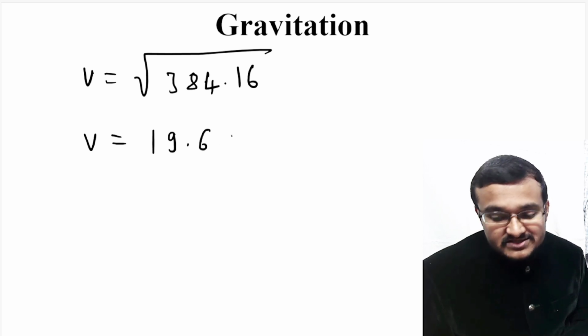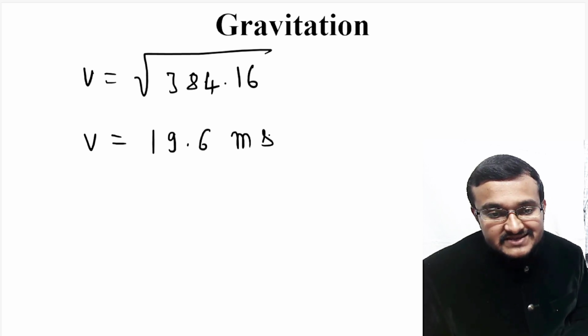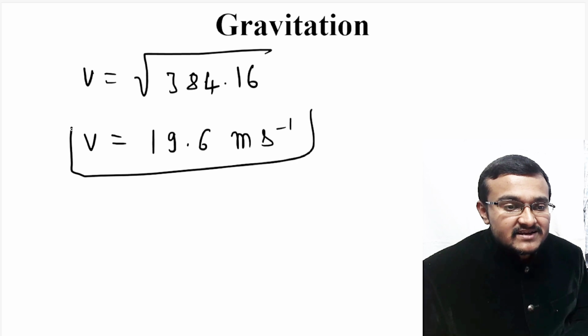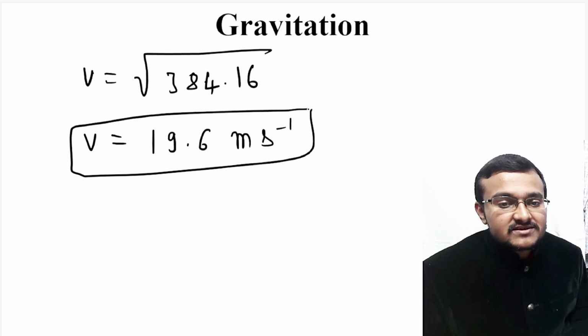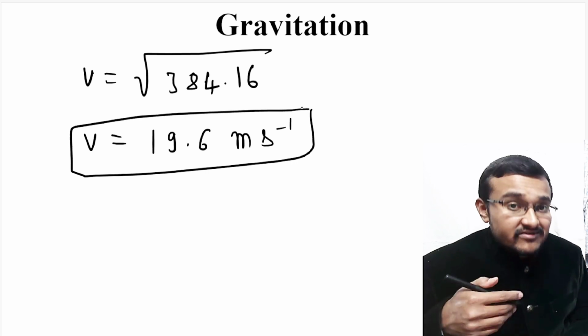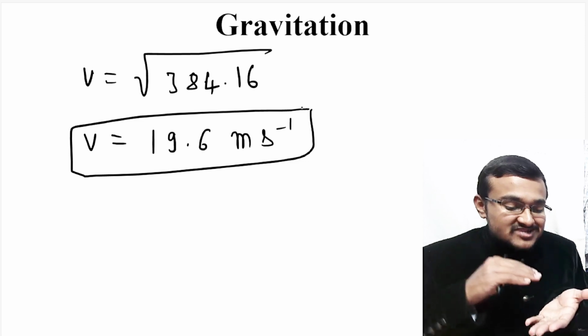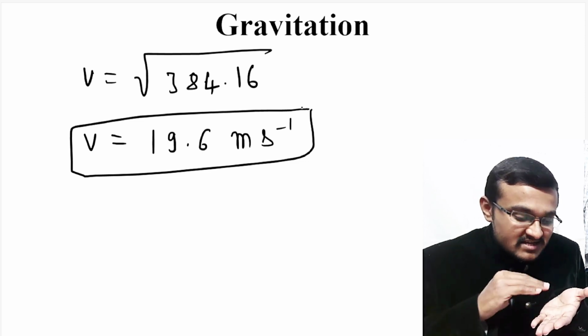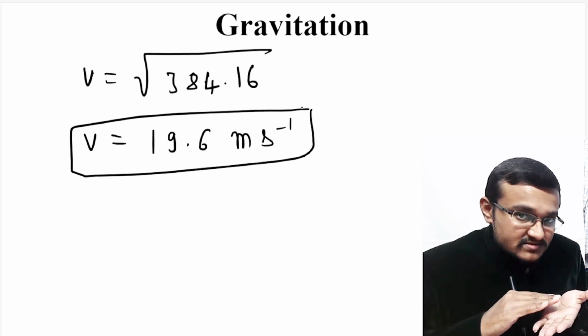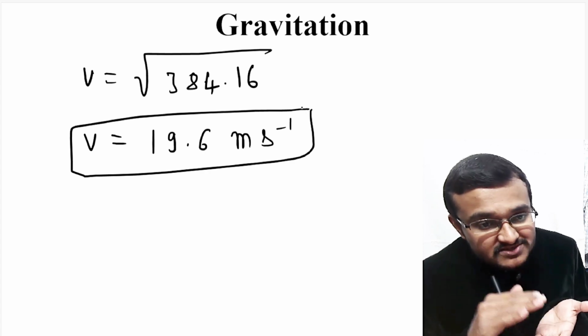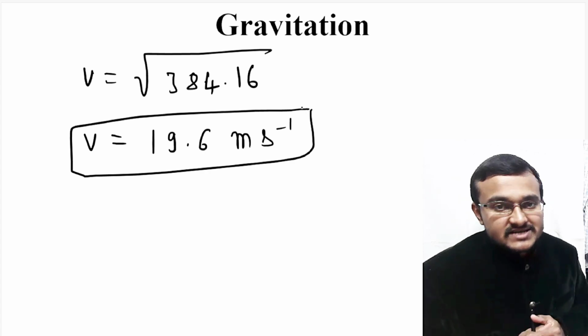So 19.6 meter per second is the final velocity this stone has reached. So just before reaching Earth's surface, the final velocity with which this stone was traveling was 19.6 meter per second.